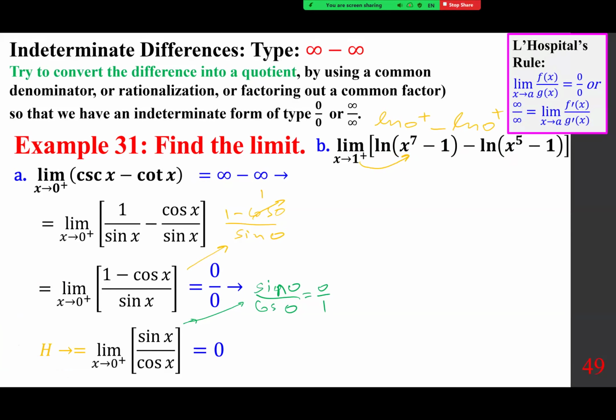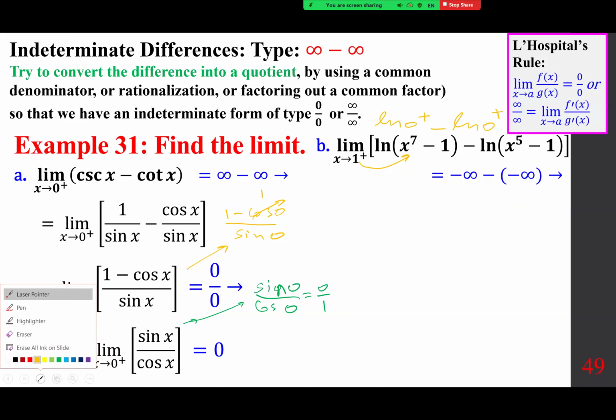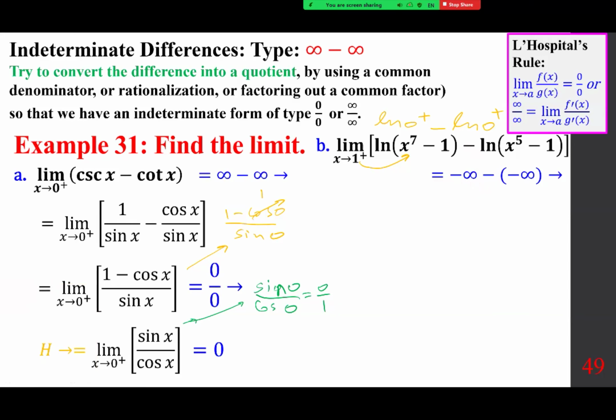Minus infinity minus negative infinity. I want to make sure we understand why. So this is minus infinity minus, and that makes it what? Minus infinity plus infinity, or infinity minus infinity. That makes it indeterminate form.